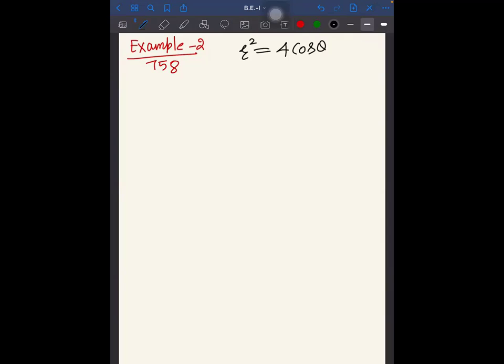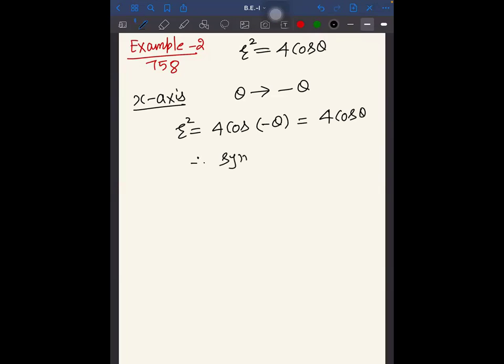For the x-axis, just replace theta by minus theta. It's symmetric about the x-axis. So therefore, symmetric. For the y-axis, symmetric about the y-axis also.